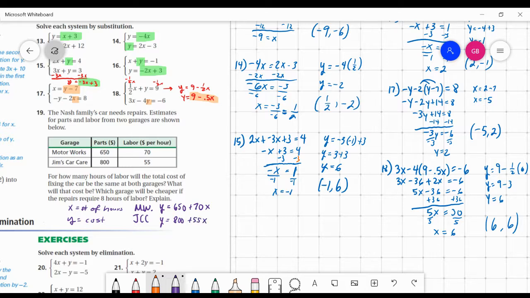So we have the equations to figure out when it's going to cost the same. We need to solve it. Okay, so I could substitute 650 plus 70x for y here, to 19. So 650 plus 70x equals 800 plus 55x.